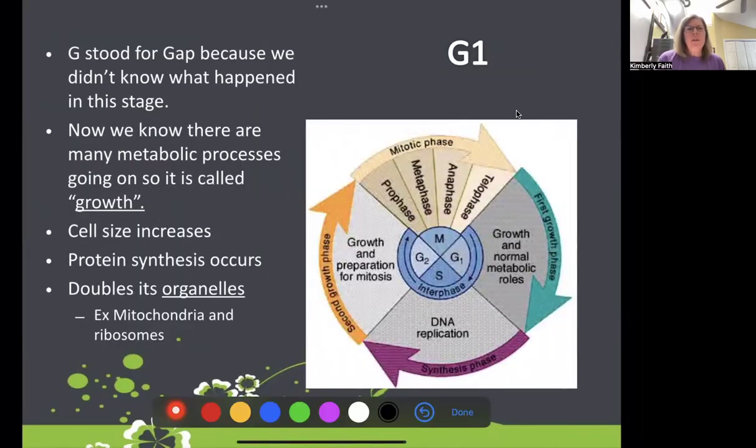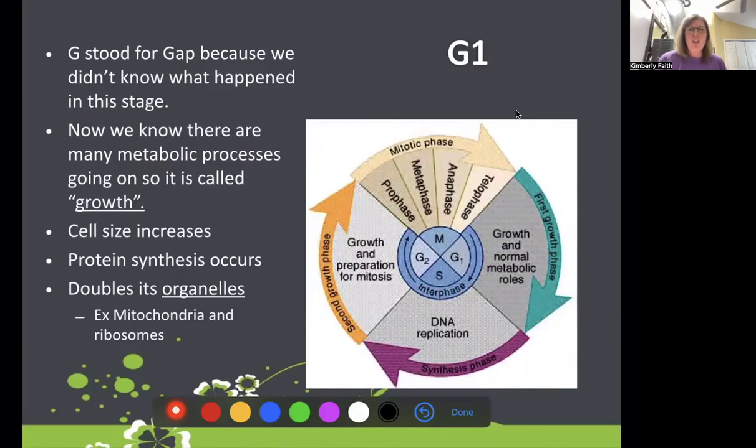G used to stand for gap because we weren't sure what was going on during that part of the cell cycle, but now with advanced technology and better equipment, we know that in G1 the cells are growing, because when it first gets done reproducing, the cells are about half the size. So it's going to spend time growing and then doing its regular job or function during G1.